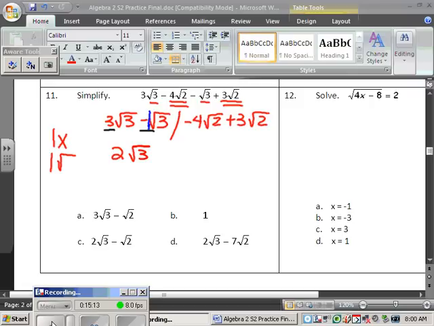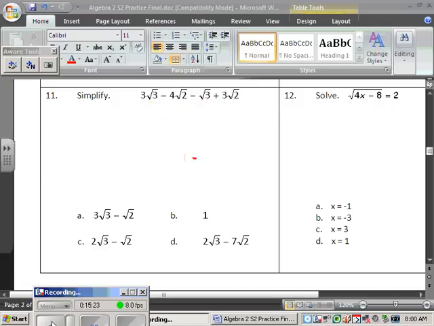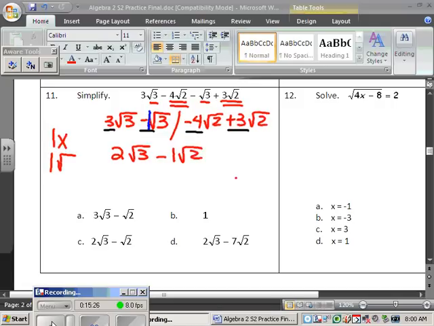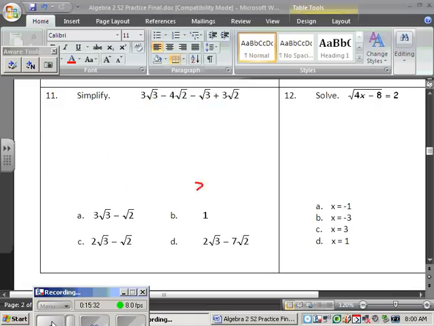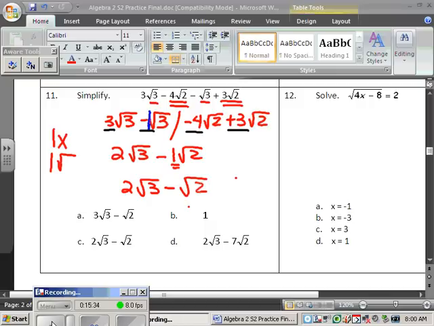So the radical part of the problem does not change. And then over to the right, negative 4 plus 3 is negative 1. So I could write negative 1 and then drop down the radical. But just like in front of an x, the 1 is not necessary. So really, the most correct way to write this would be 2 radical 3 minus radical 2, which would be answer C.